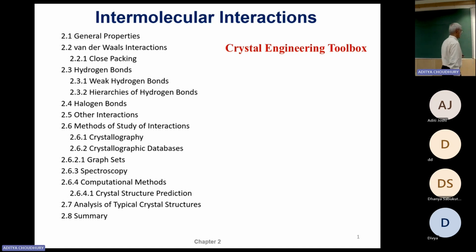There are so many that are present, and how to study such interactions using different methods, and some graph sets, and some of the things I'm going to talk about.